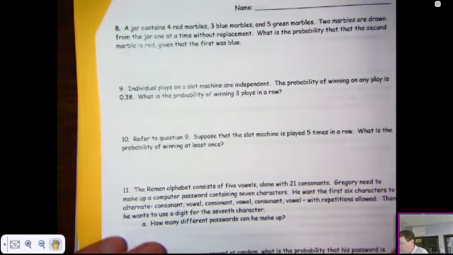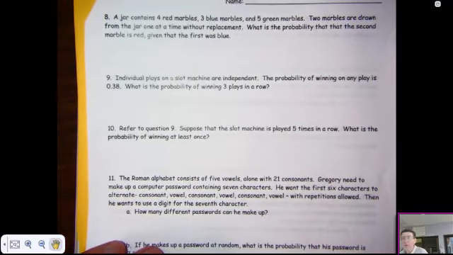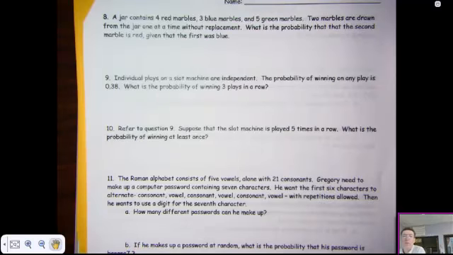Number 8. This time we have a jar: 4 red marbles, 3 blue, 5 green. 2 marbles are drawn from the jar, 1 at a time without replacement. So that without replacement is pretty important on this. What is the probability that the second marble is red, given that the first was blue?